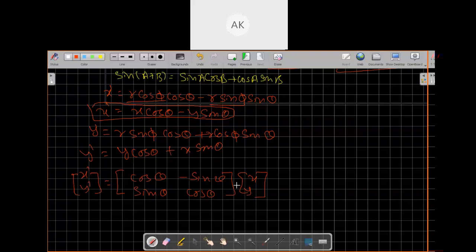So this is the value of y dash. So we have calculated x dash and y dash in terms of sin theta and cos theta.